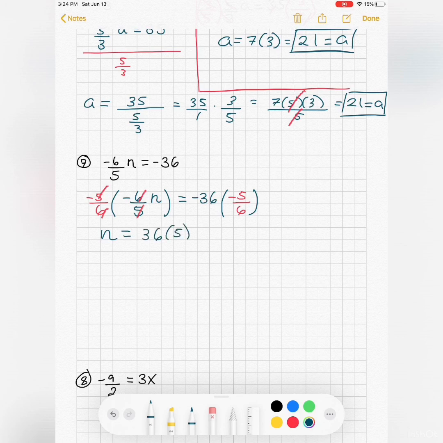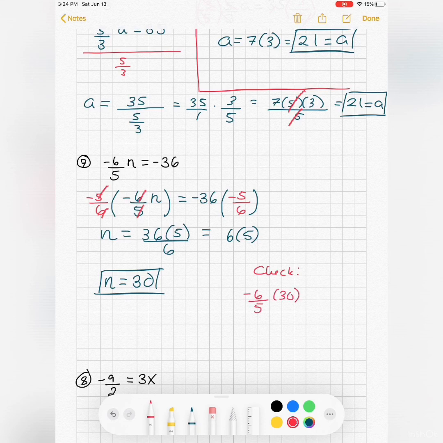So 36 times 5 over 6. So that leaves me with 6 times 5. Okay, and if I were to check that, go all the way back to the original equation. It's -6 times 6, -36 indeed.